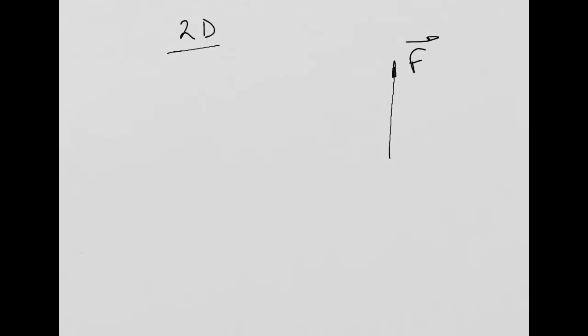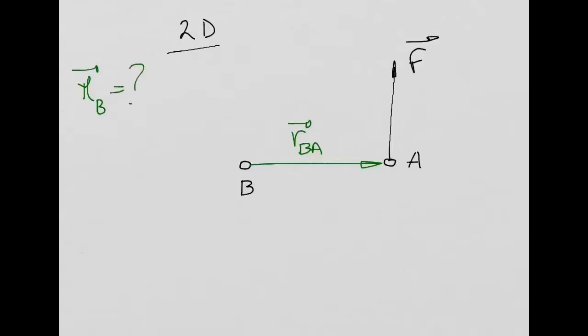And then let's say this vertical force is applied at point A, and then I have point B here. So this is going to be my position vector, RBA. I want to calculate the moment at point B. Is my question.